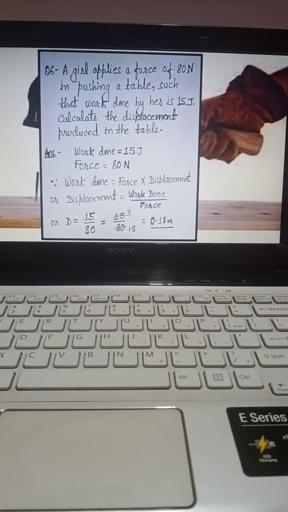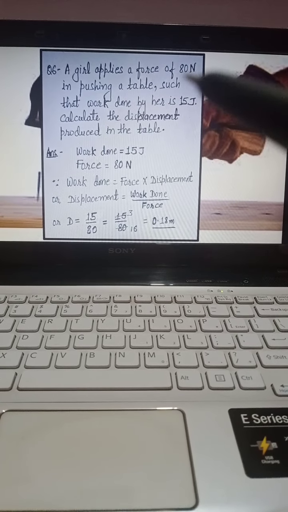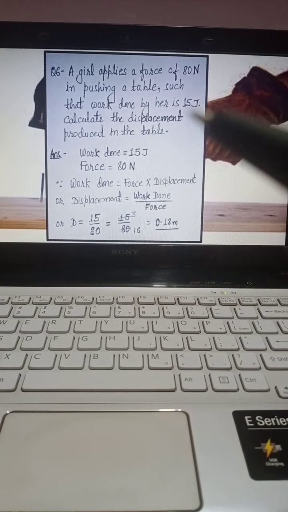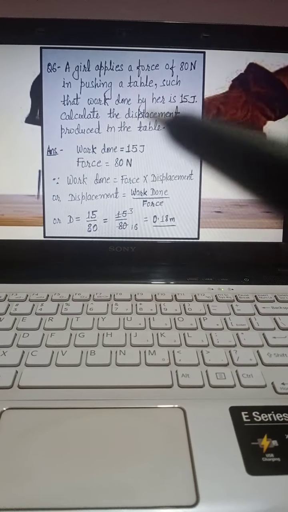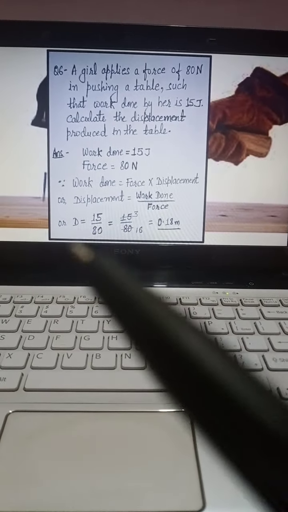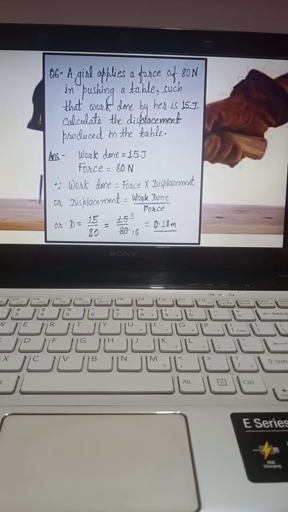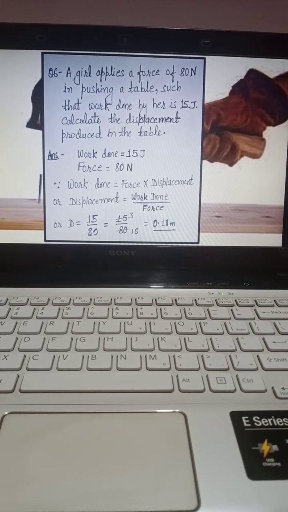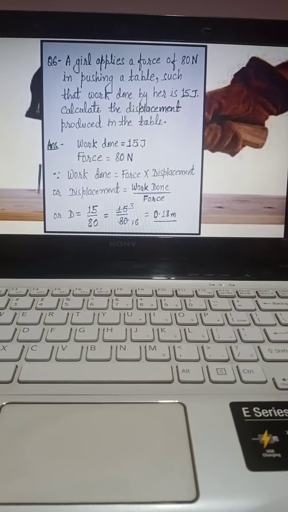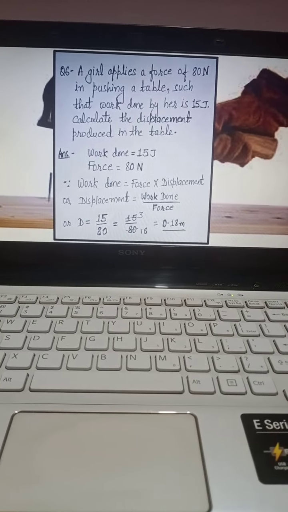So in this numerical, force is given as 80 Newton, and work done by her on the table is given as 15 joule, and we have to find out the displacement. Again we use the same formula, work done is equal to force into displacement. So displacement is equal to work done by force, and we divide 15 by 80, and we get the displacement as 0.18 meter.